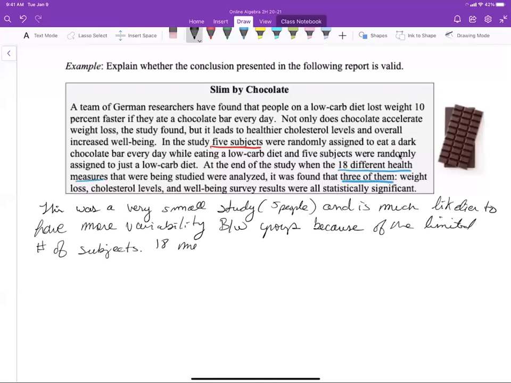So 18 measures were studied, but only 3 were reported on. Well, that should be an alarm.